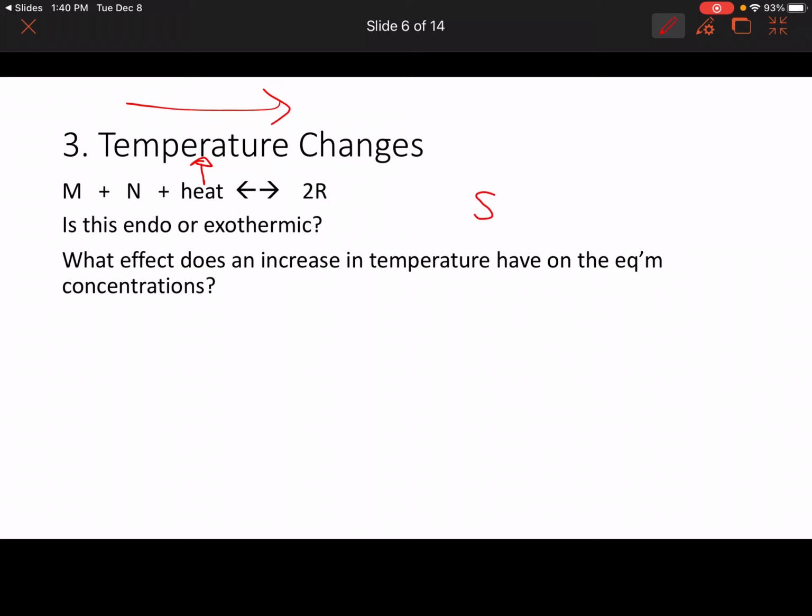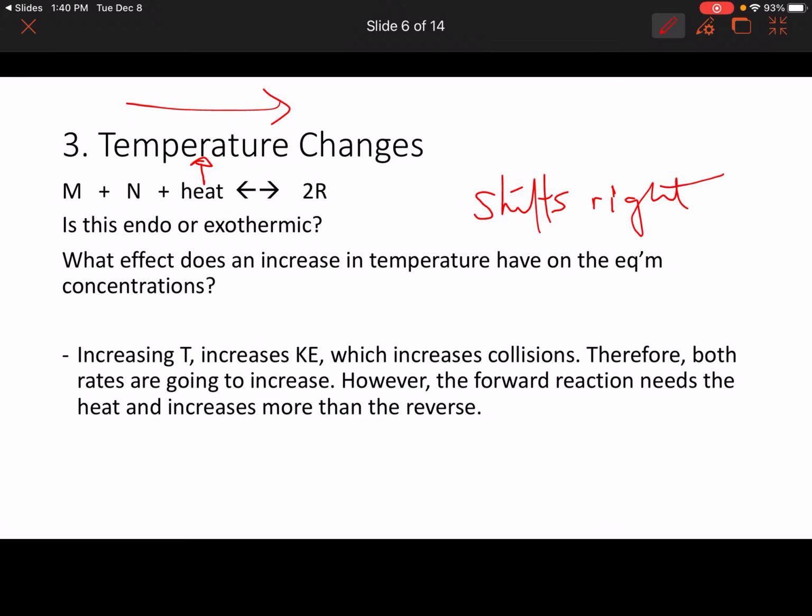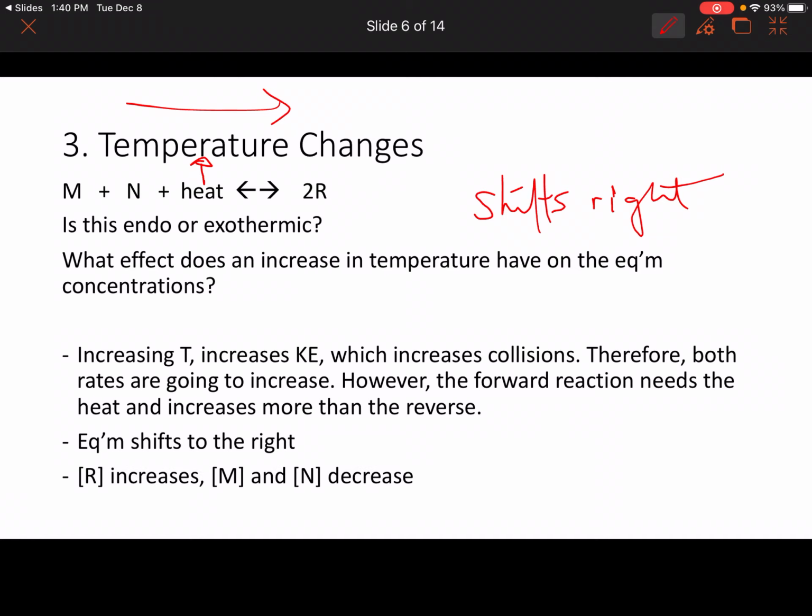So we're going to say it shifts right, and so M and N are going to decrease here.